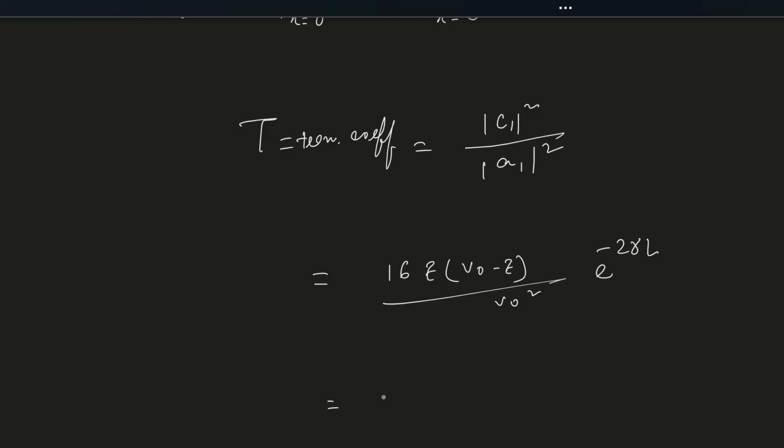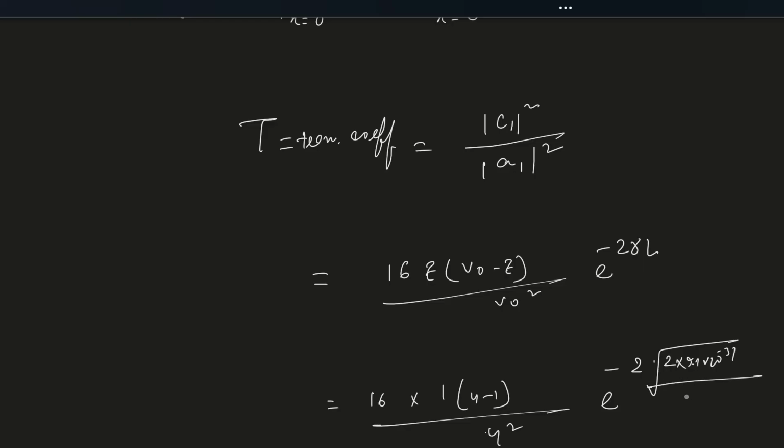So you put all of them together, so 16 into 1 into 4 minus 1 divided by 4 squared into e to the power of minus 2 into root over of 2 into 9.1 into 10 to the power minus 31 divided by h cut, which is 1.05 into 10 to the power minus 34.